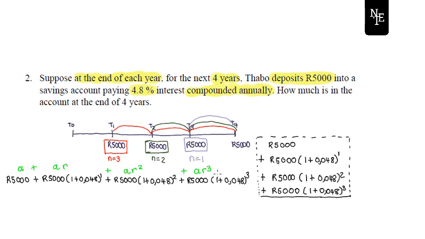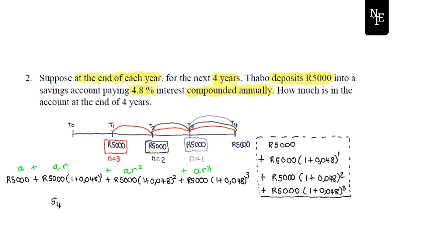Because it's a geometric series, you can take another approach and calculate the amount that's going to be in this account at the end of 4 years using the geometric series formula.